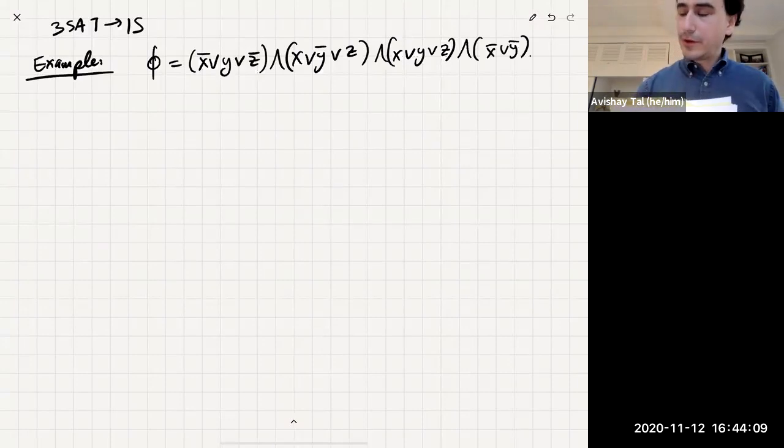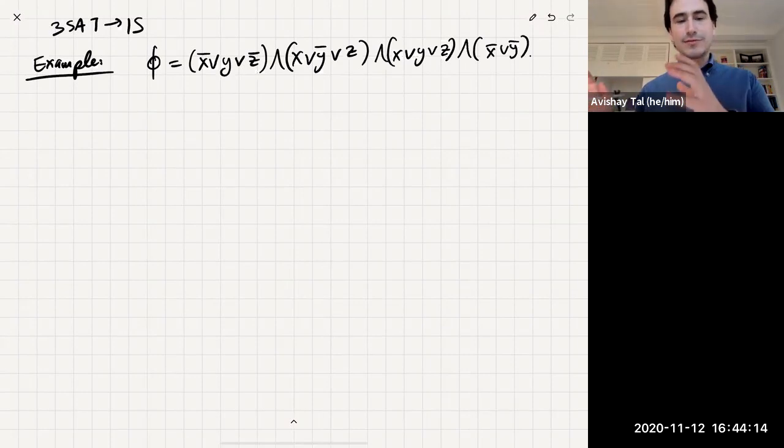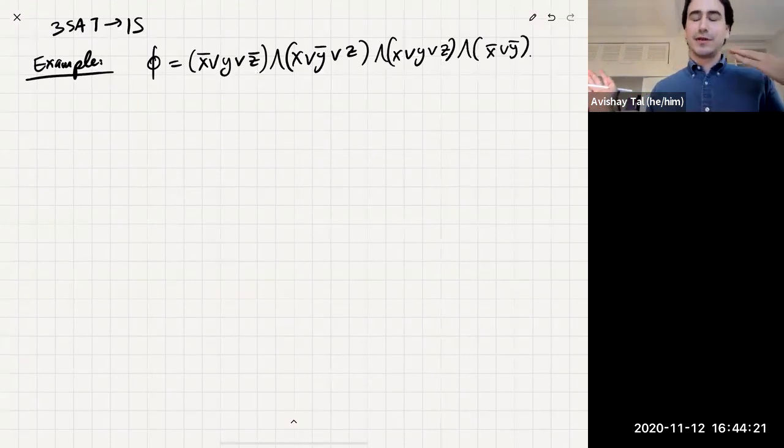And I want to come up with a graph and a number such that if this formula is satisfiable, this graph has an independent set of this size. And if this formula is not satisfiable, then this graph doesn't have an independent set of this size.